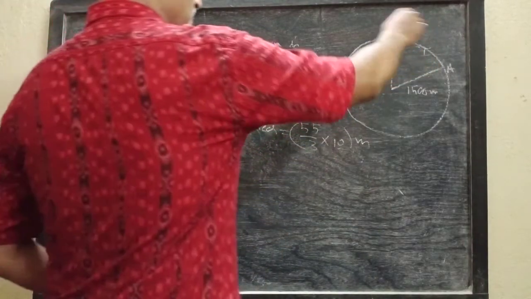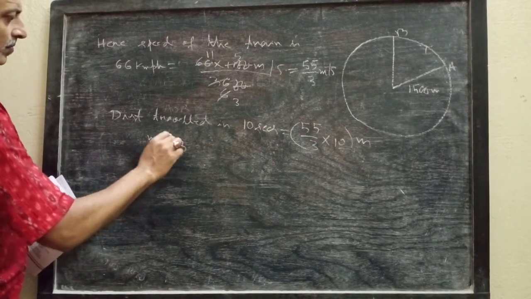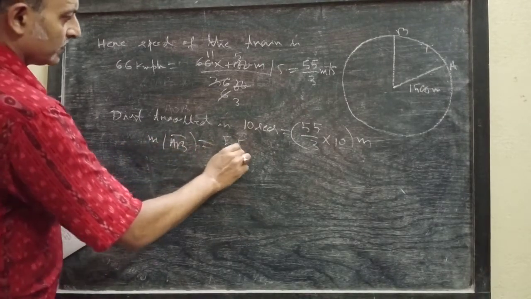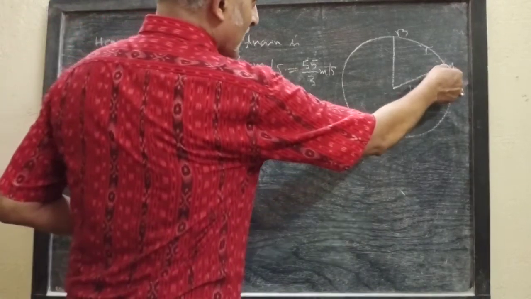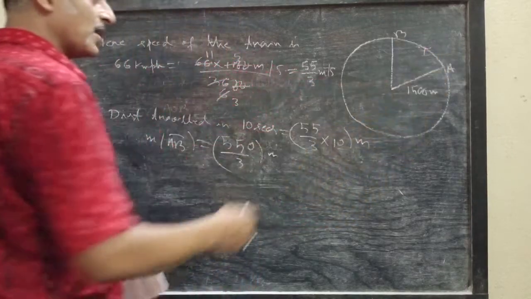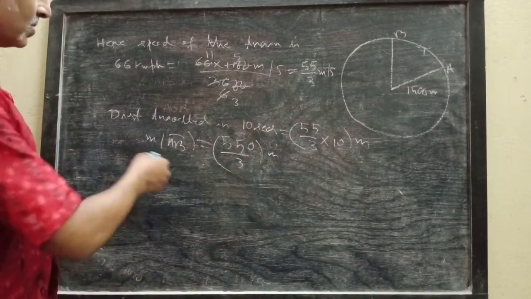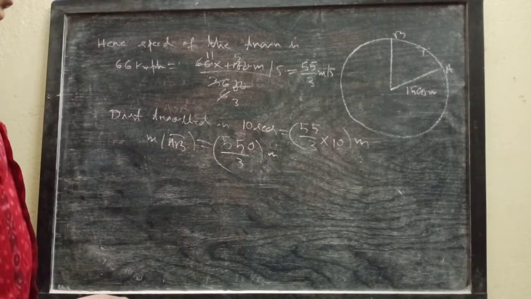So you get the length of the arc AB is 550/3 meter. Look, the train travels from A to B in 10 seconds. So the distance traveled by the train in 10 seconds will be length of the arc AB. That's why length of the arc AB is 550/3 meter.